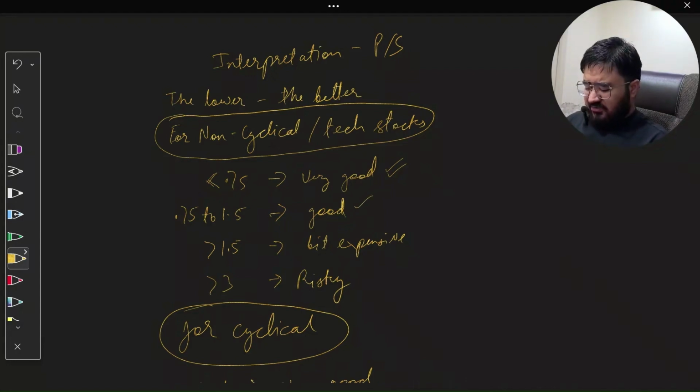Greater than 1.5 is considered a bit expensive. And greater than 3 is considered risky.